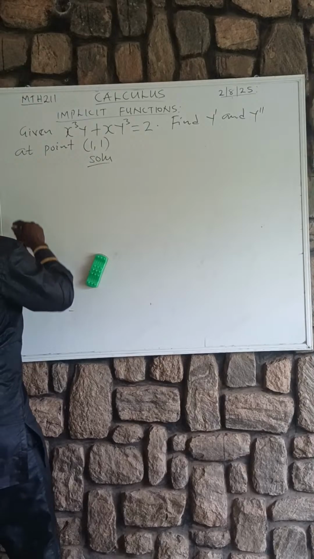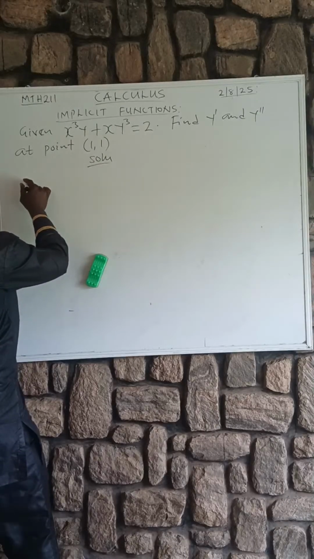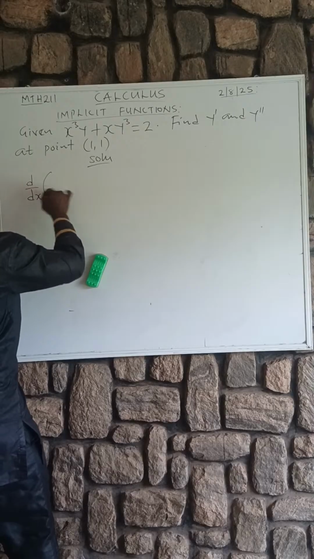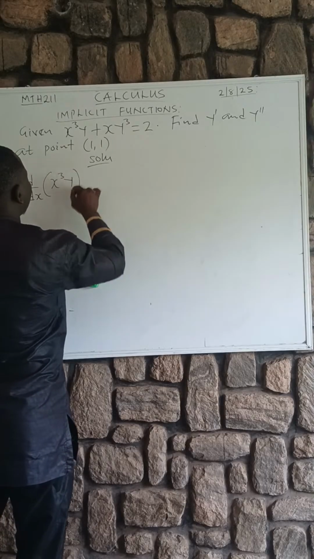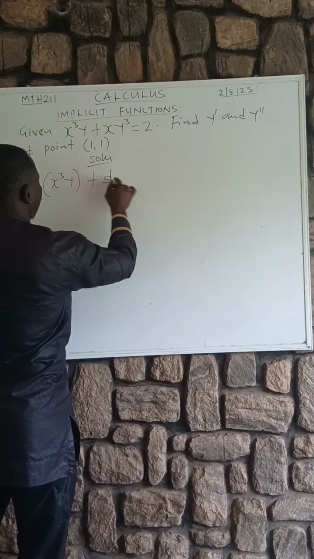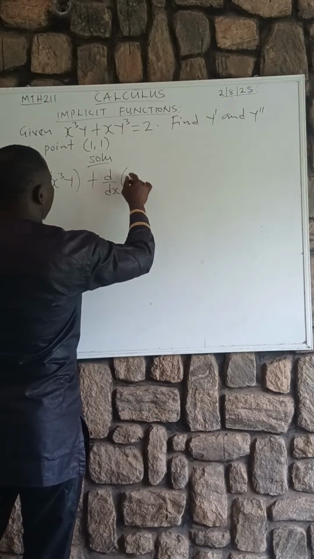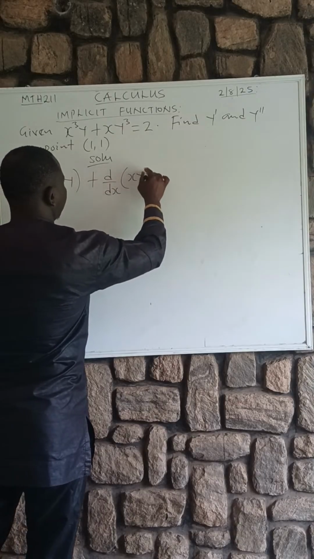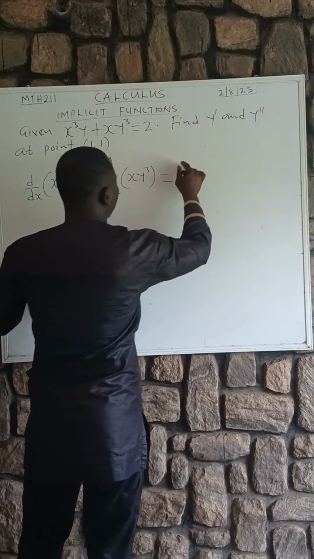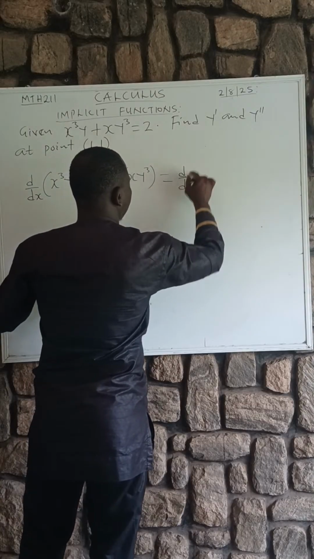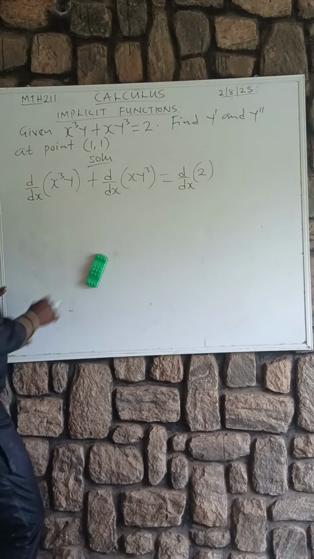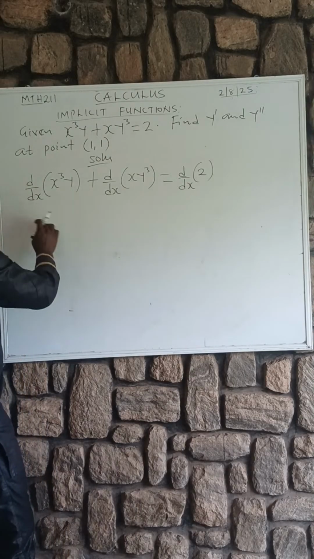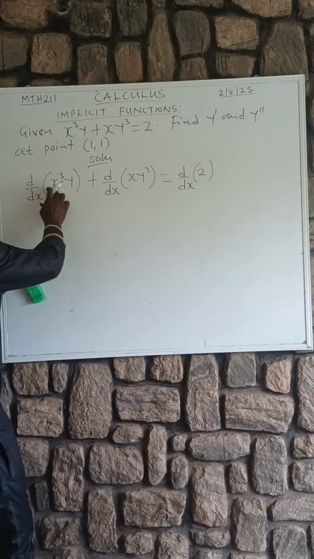Okay. So the right solution: we are going to have d/dx of (x cubed y), plus d/dx of (x y cubed), then equals d/dx of (2). Okay? So let's differentiate this. We hold y, differentiate x cubed.